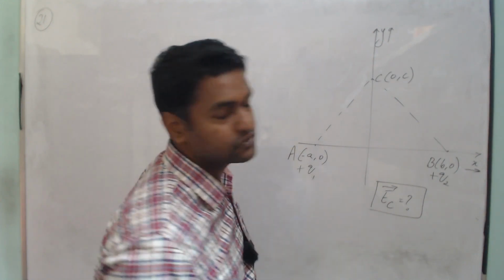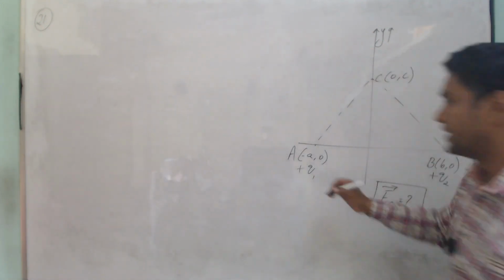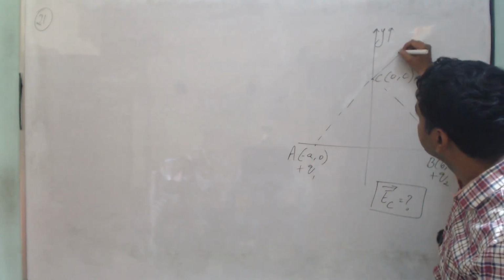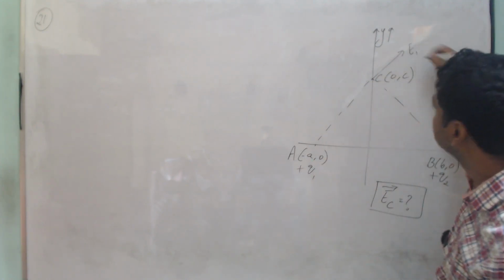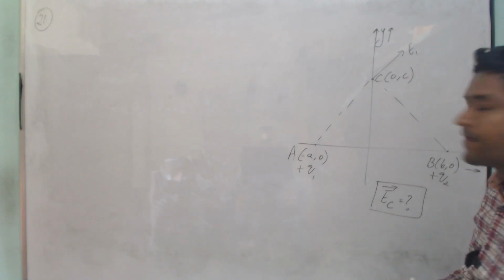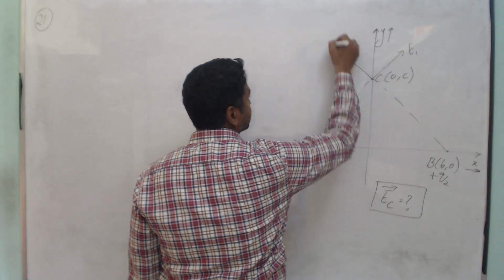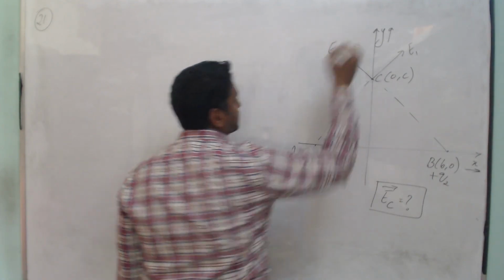Because both are positive charges, the electric field due to charge q1 at point C will be in this direction, and I will take that as E1. The electric field due to the other charge is E2, and I will take it like this.